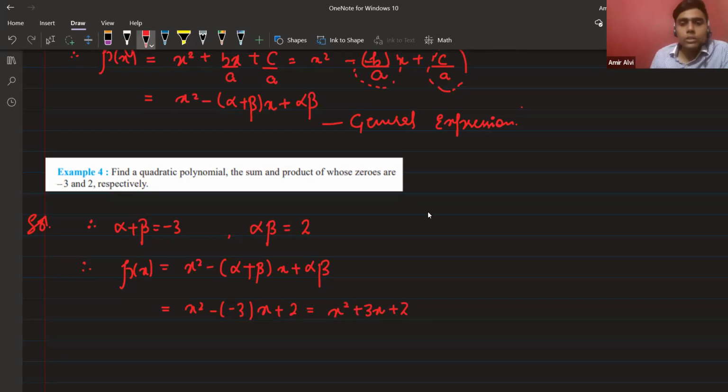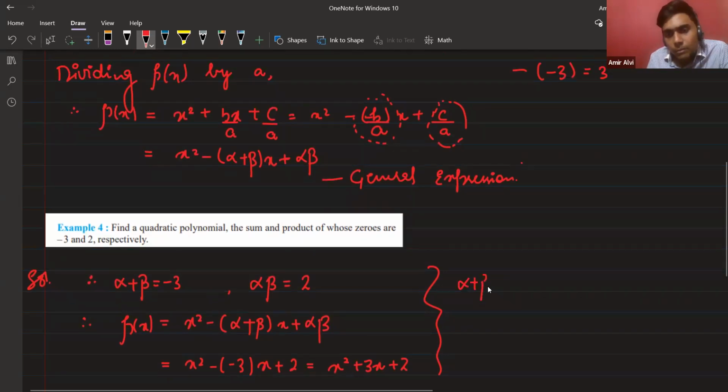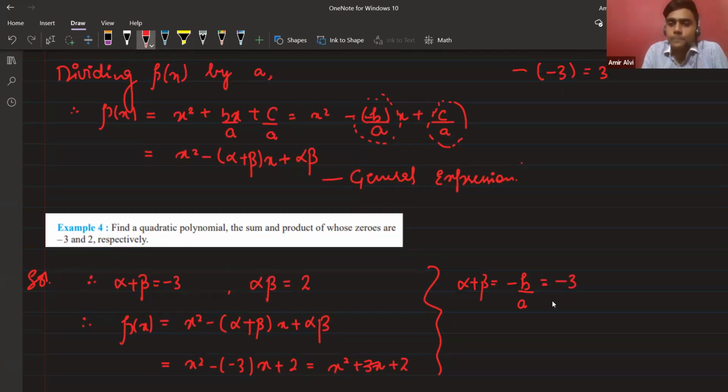Okay, so this is the first approach. The second approach is that alpha plus beta is equal to minus b upon a. Adil, is this clear to you? Yes. And it is equal to minus 3. So it can be written as minus 3 upon 1, which means that b is equal to 3 and a is equal to 1.